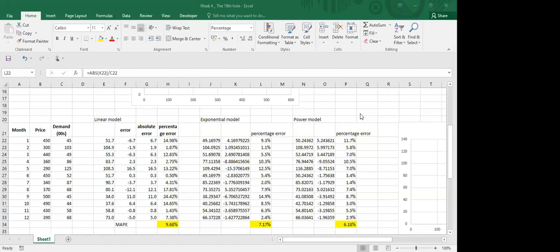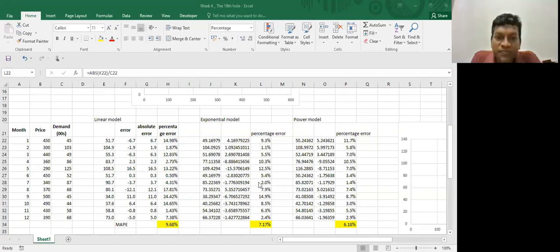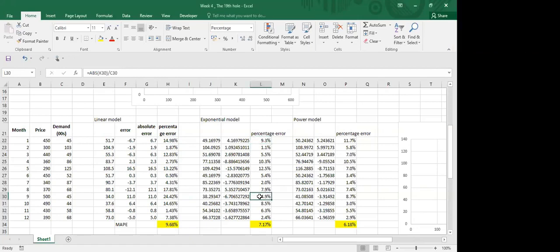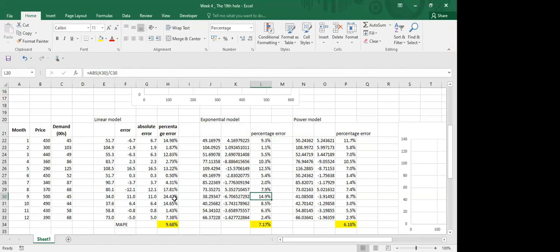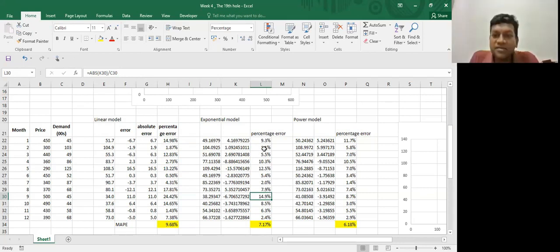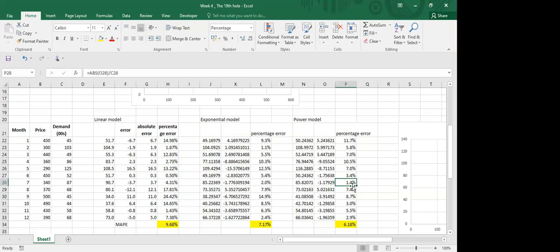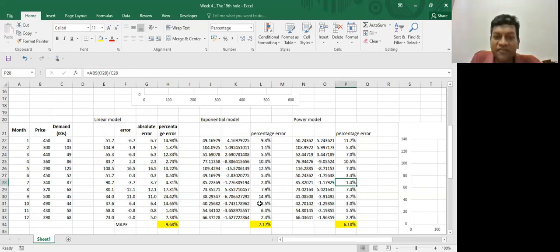Let's say for the first month the exponential model is best, but for the 9th month it is the worst, 14.9. From month 1 to 4 the exponential model is much better, but for month 7 the error is only 1.4% in the other model. For month 10, it is only 3 against 8.5.